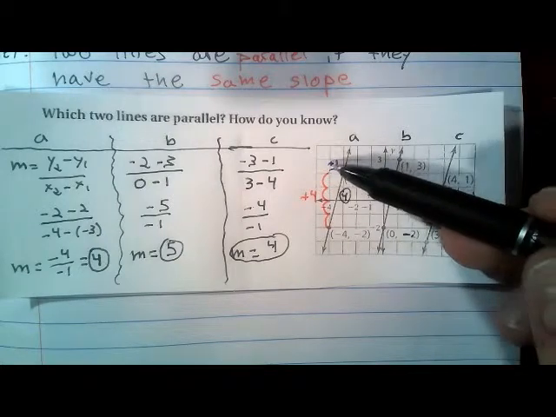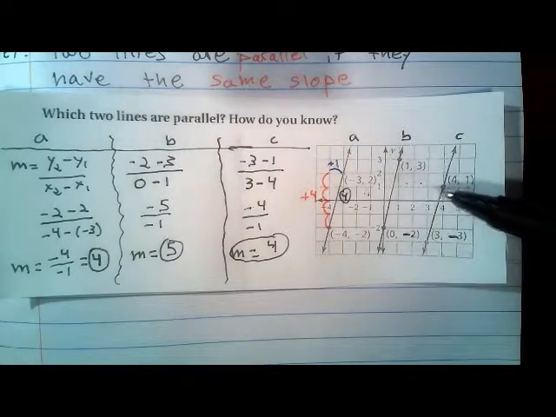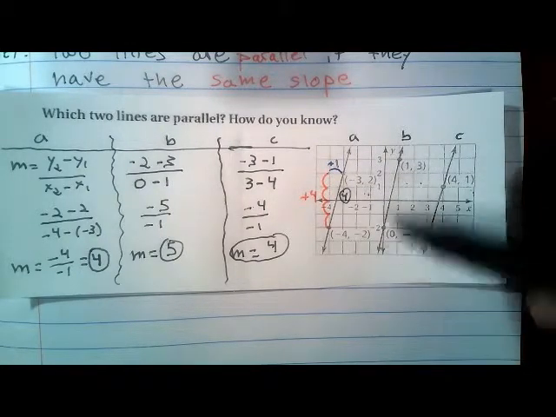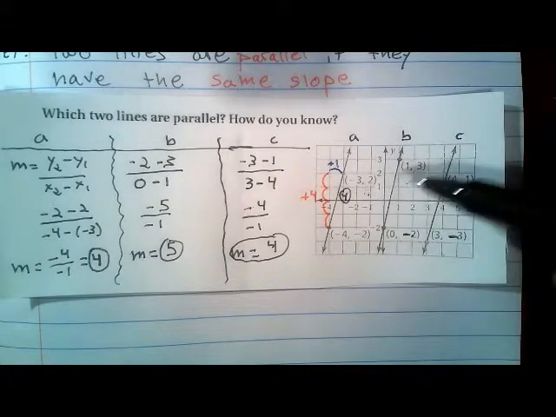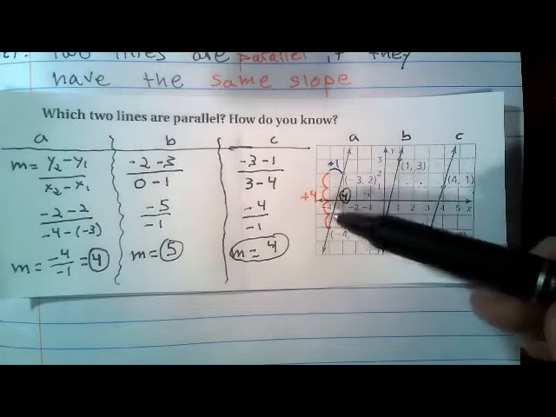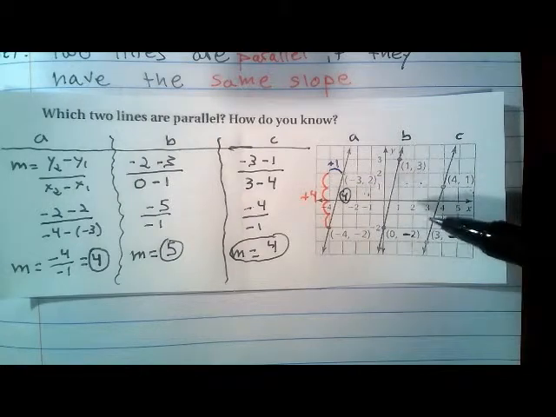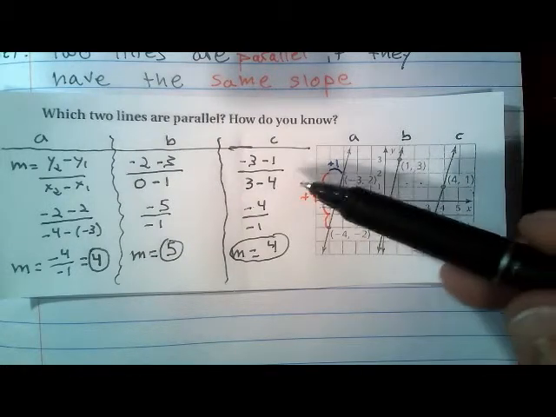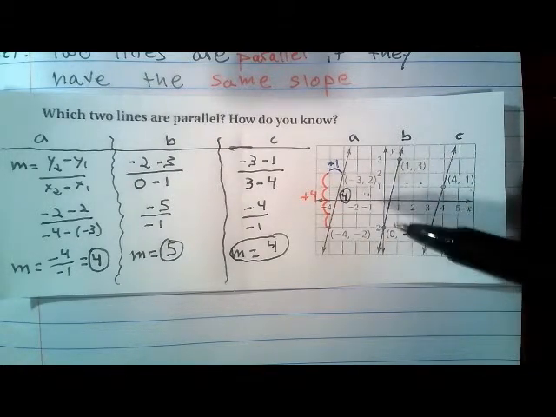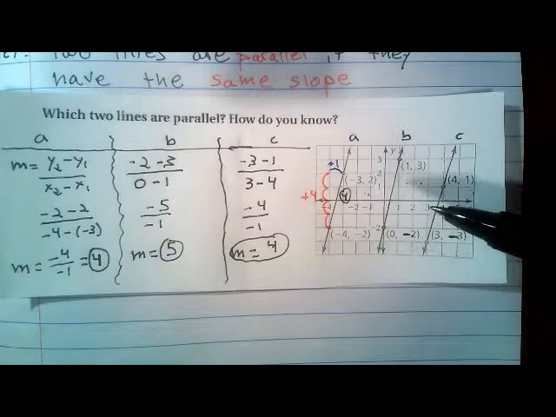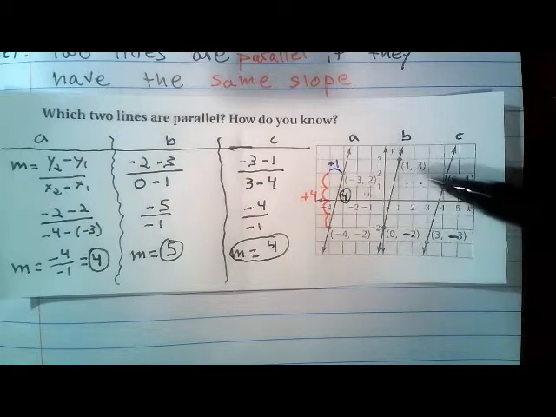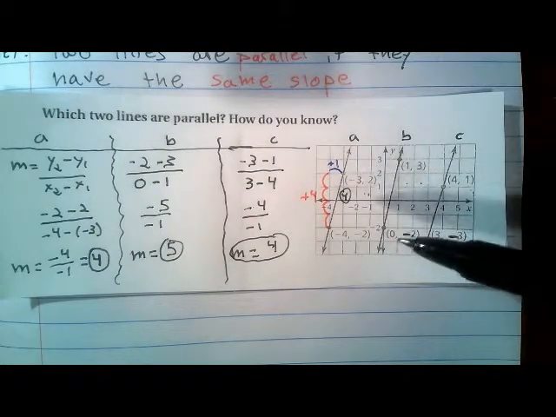If he goes to the right one, he's going to go to the right one. And if they have these same movements every time, they're never going to meet each other. If this one goes up, say, 3, and this one goes up 5, and this one goes across 7, and this one goes across 2, eventually they're going to meet, because they're not walking the same direction each time. So that's how I think of parallel slopes.